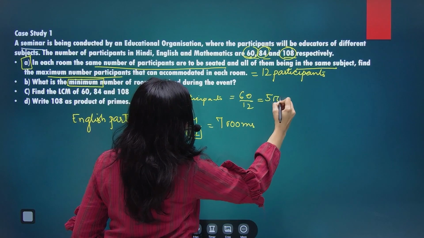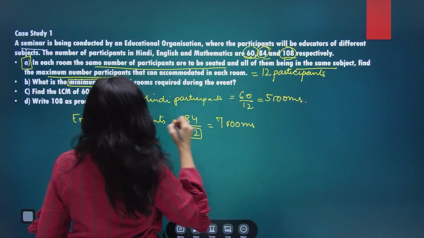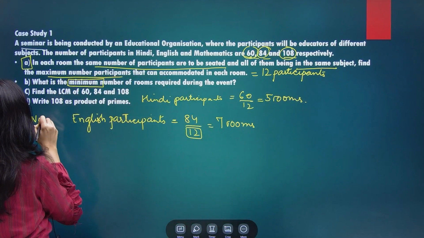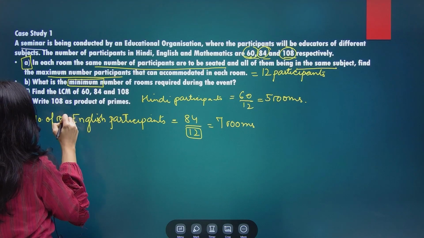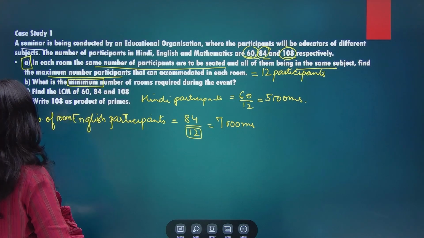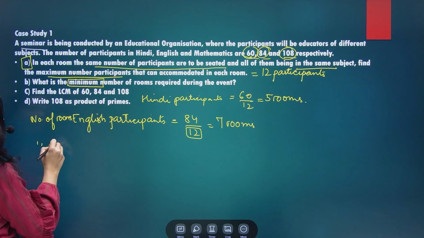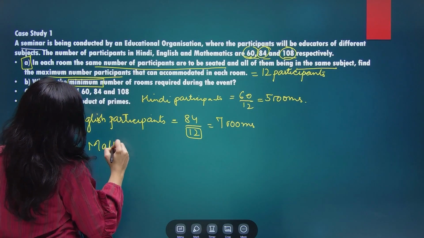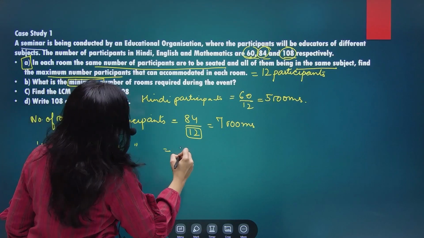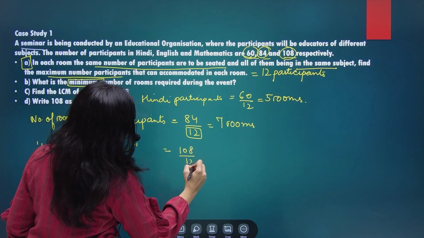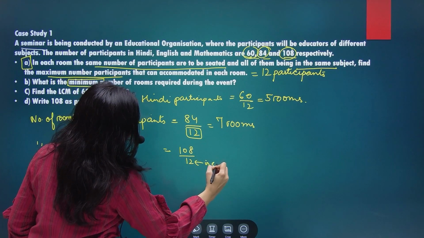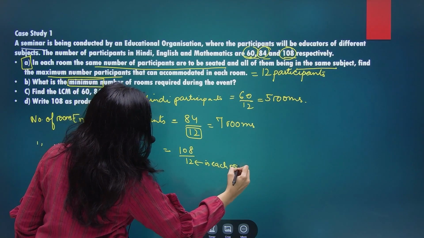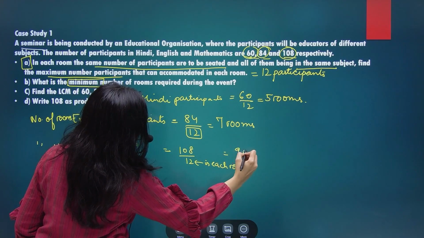Number of rooms for maths participants are going to be 108 by 12, because 12 in each room, 9 rooms.